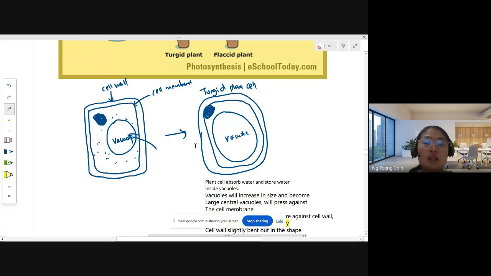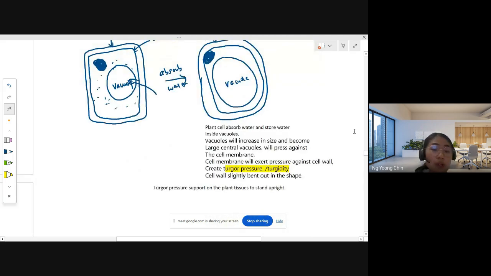And a plant cell is also able to lose water. Okay, so this is when they absorb water, and then they will appear in this way, which is they become turgid plant cells. So what happens if they lose water?